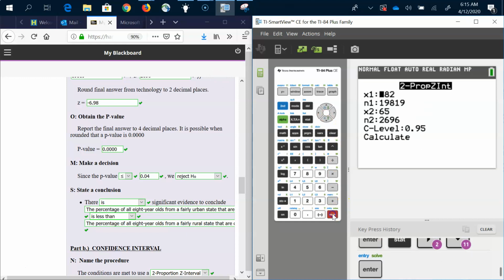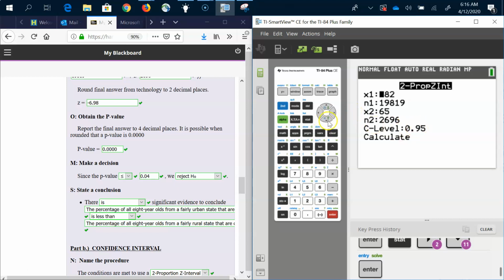There it is. Now, since I've already used 2-prop Z test, this information is still in the calculator. 182 from urban state had autism out of 19,819 sampled 8-year-olds. 65 students from a rural state out of 2,696 8-year-olds had autism.